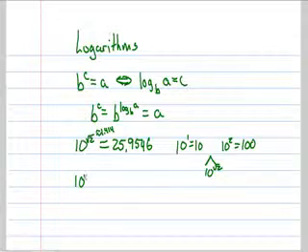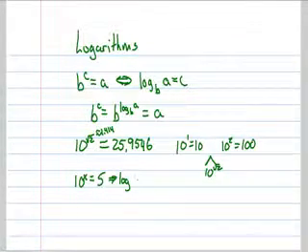Also, we said we're looking for some exponent on 10 such that 10 to the x equals 5, and the way to do that would be to take the log of 5.